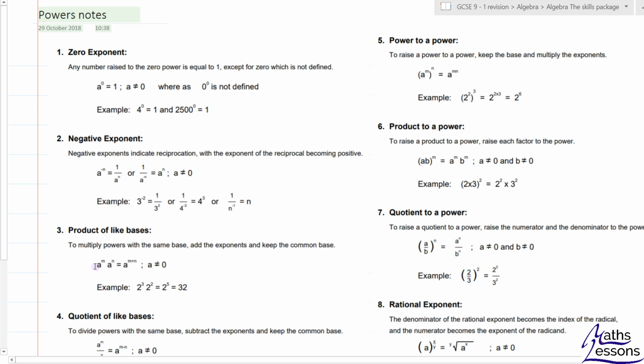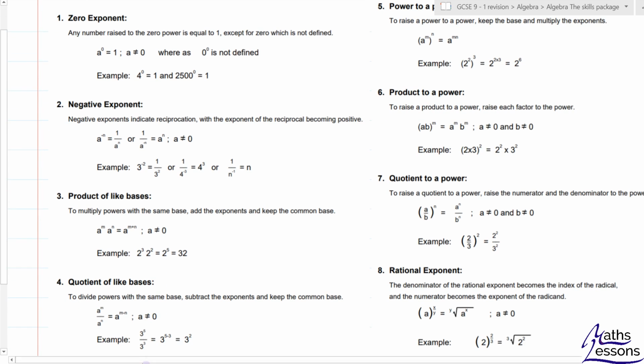You need to know that a to the m times a to the n is a to the m plus n, and the a's must be the same number. So here we've got 2 cubed times 2 squared is 2 to the 5. It wouldn't work if you had 2 cubed and 5 squared. You couldn't use that rule.